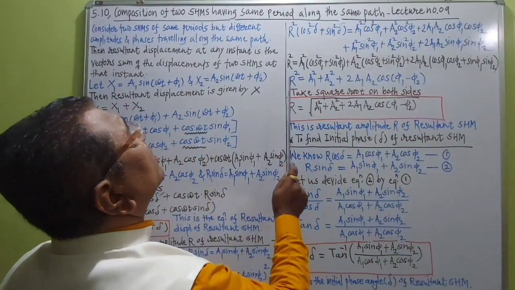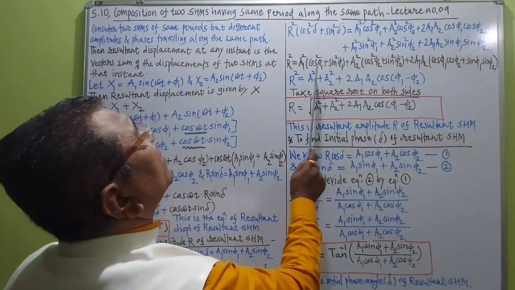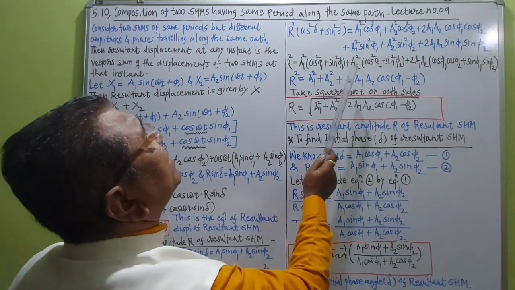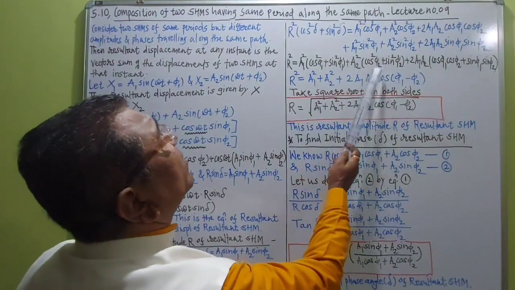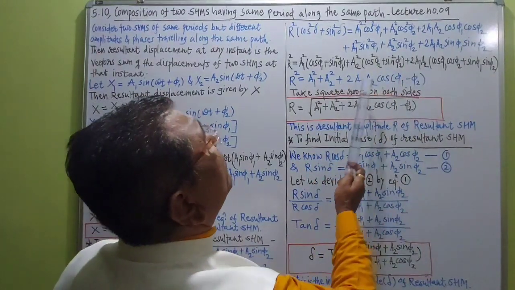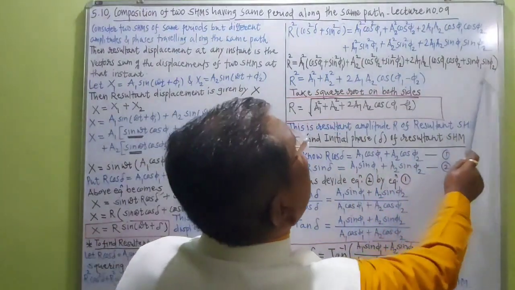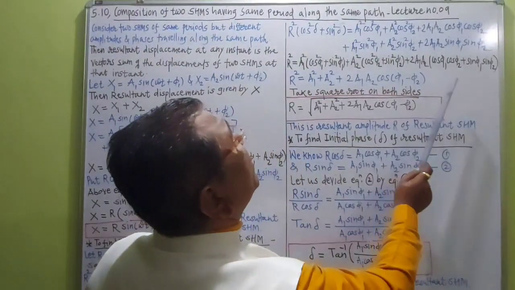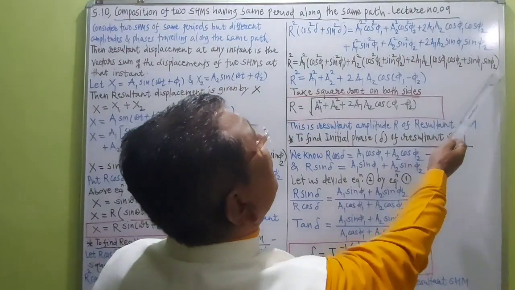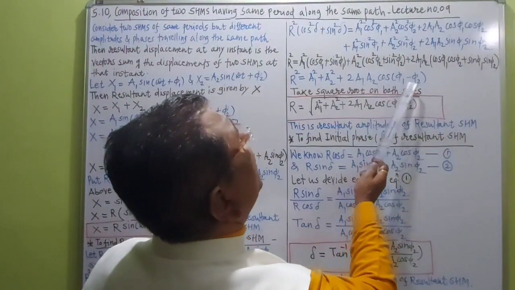Again, cos square phi 1 plus sin square phi 1 is equal to 1, and cos square phi 2 plus sin square phi 2 is equal to 1, leaving only A1 square and A2 square. The 2 A1 A2 term is the formula of cos of A minus B, which is cos A cos B plus sin A sin B. We get cos of phi 1 minus phi 2.